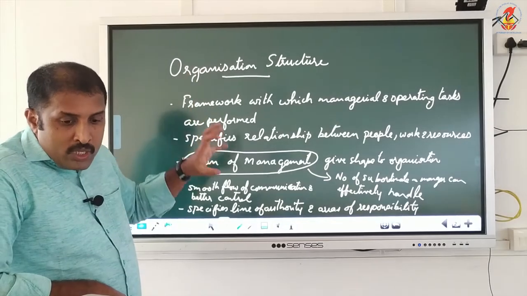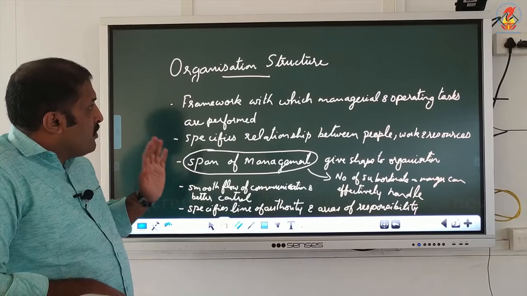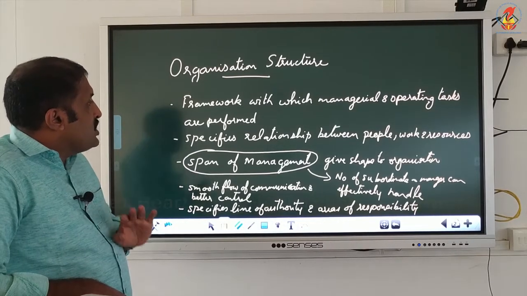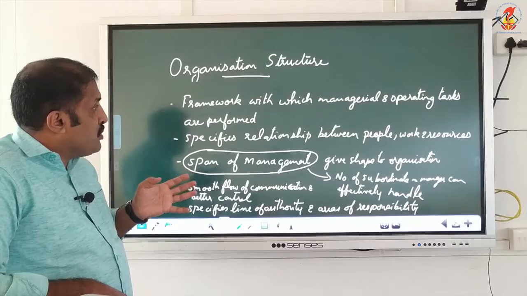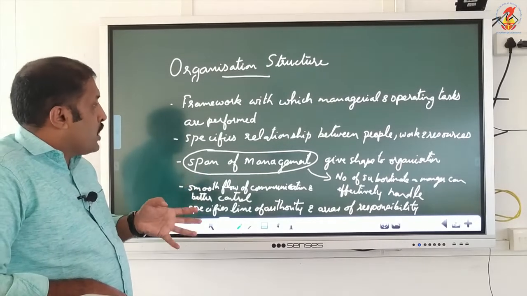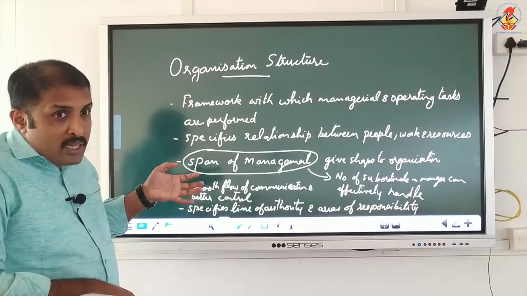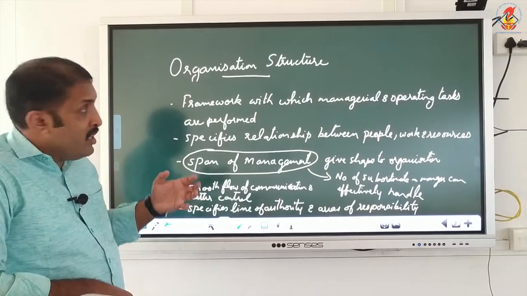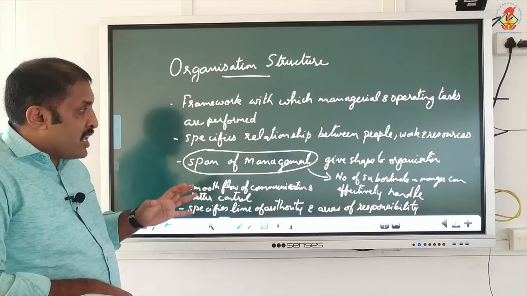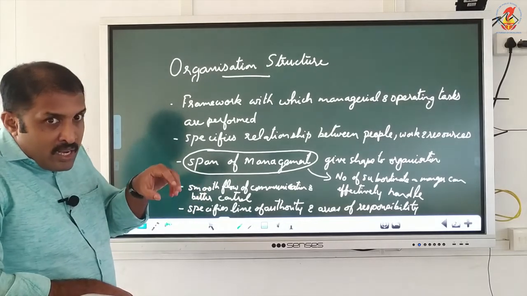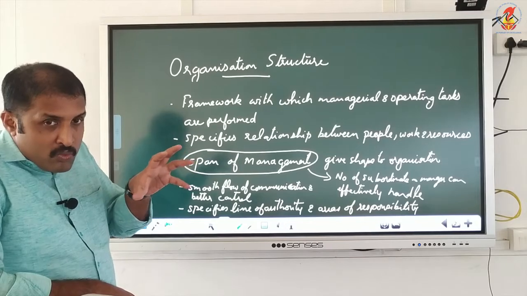So, to put it in short, organizational structure is a framework within which operating and managerial tasks are performed. It specifies the relationship between people, work and resources, and span of management to a greater extent decides the framework, because it is the number of subordinates a manager can effectively handle. If a manager can handle only a very small number, the organization structure will become small.